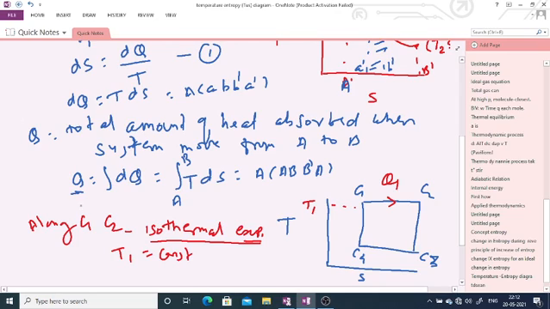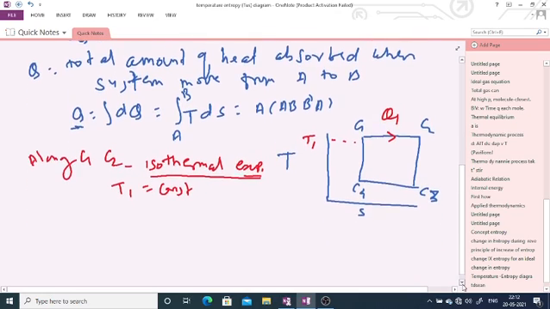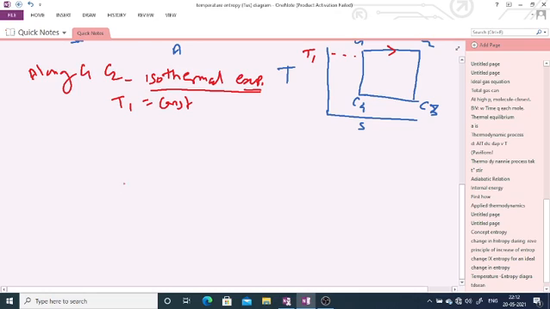So Q1, the amount of heat absorbed by the system, is equal to the area under the C1 C2 curve. This curve is an isothermal curve, so we call it the area of C1 C2.